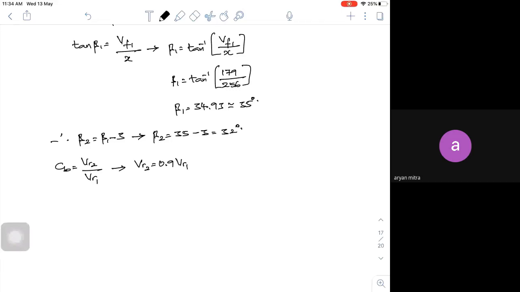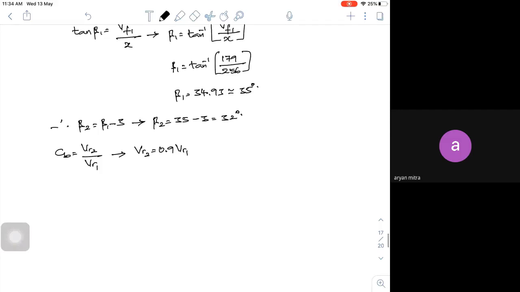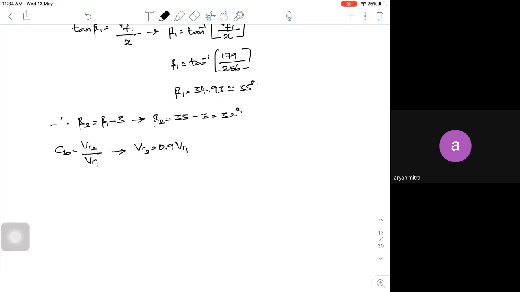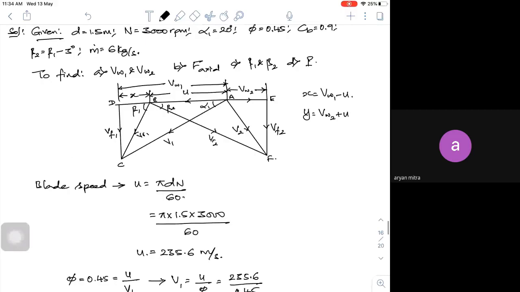Now let us take the inlet velocity triangle to calculate Vr1. Sine beta 1 is the opposite side by the hypotenuse.